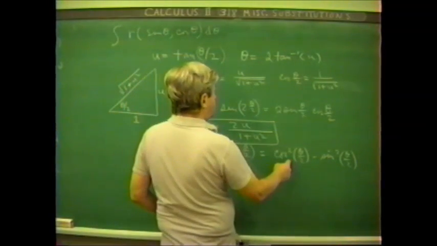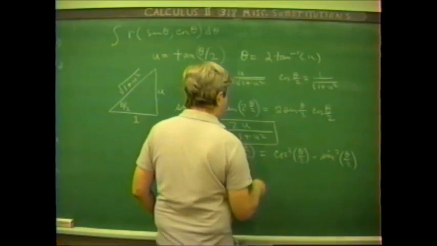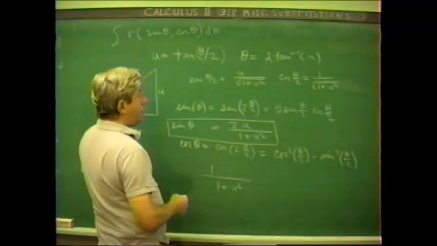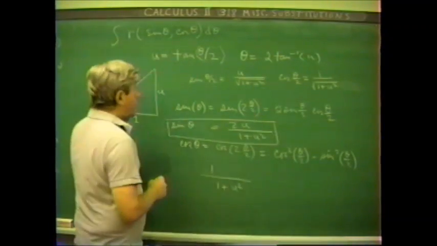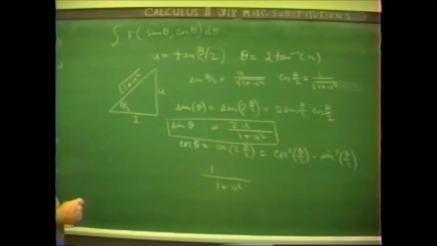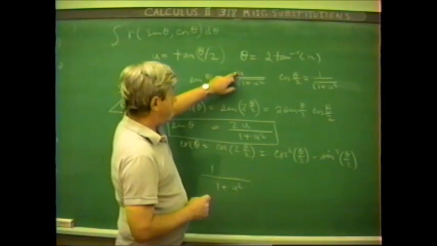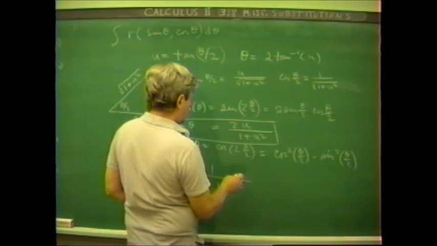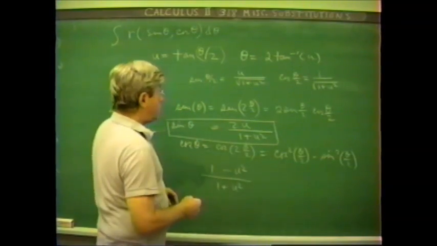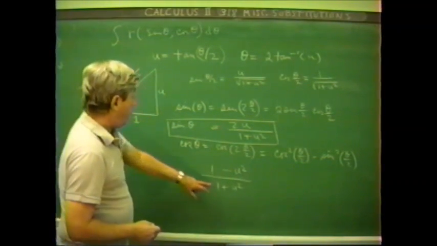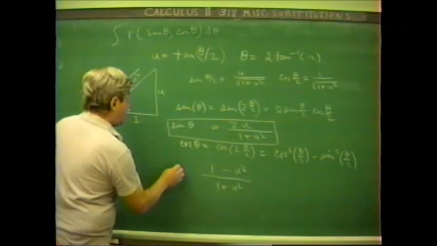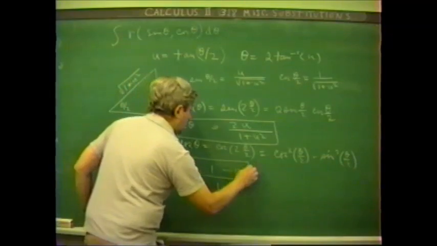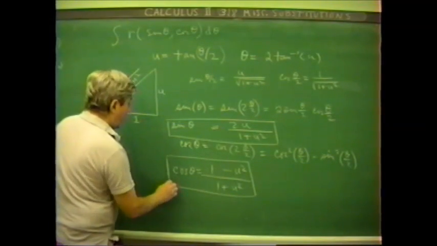Which is going to be, cosine squared is going to be 1 over 1 plus u squared, and sine squared is going to be u squared over 1 plus u squared. So you get 1 minus u squared over 1 plus u squared. So this is what the substitution is going to be for cosine of theta. All we need now is d theta.